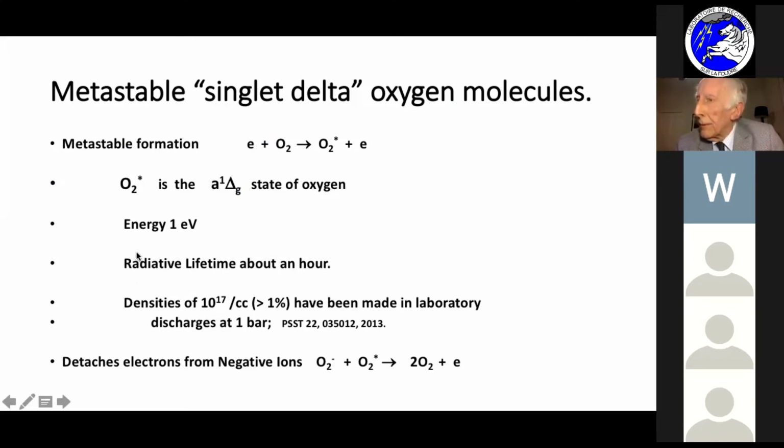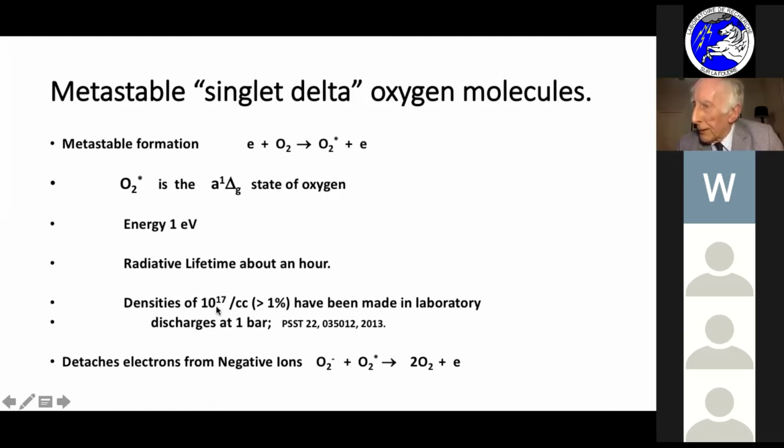And in most things, if electrons hit an atom or a molecule and excite it, generally that excited state falls back in the order of a microsecond, giving out light. But for singlet delta oxygen metastables, the radiative lifetime is about an hour. However, it can be destroyed through collisions.